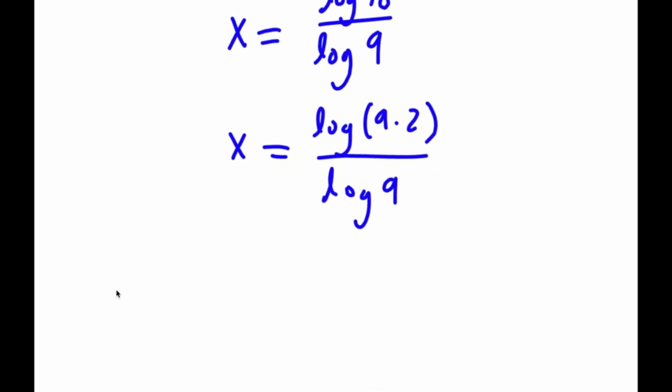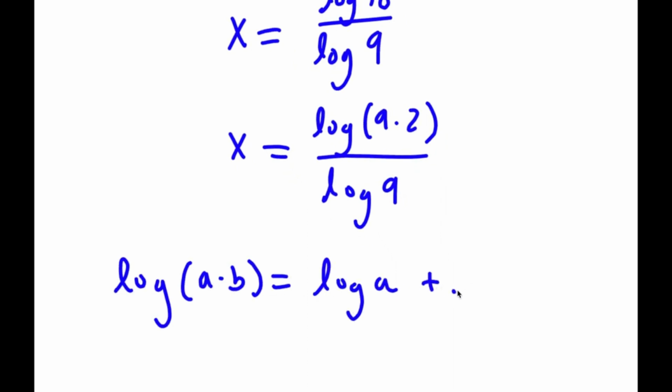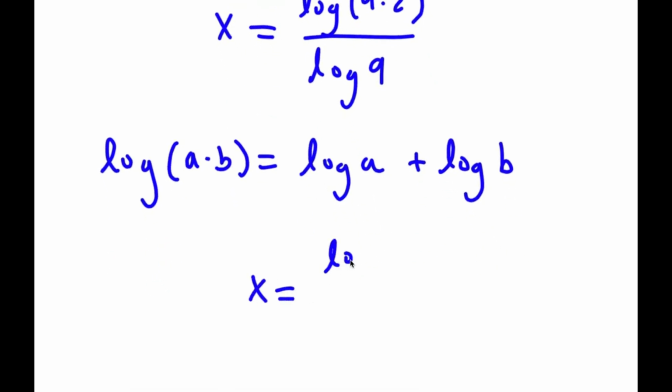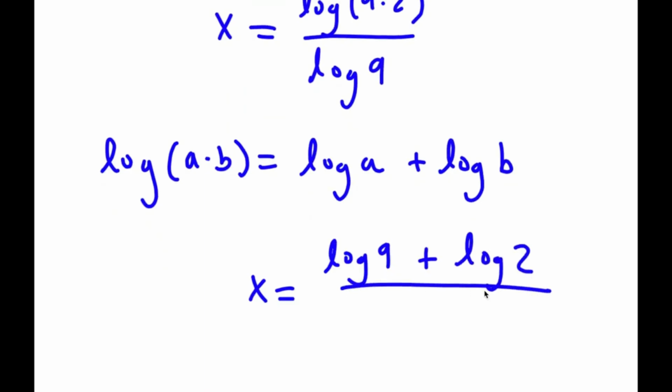And if I have something in the form log a times b, this is equal to log a plus log b. So log 9 times 2, that's going to equal log 9 plus log 2. Now I have this over log 9.